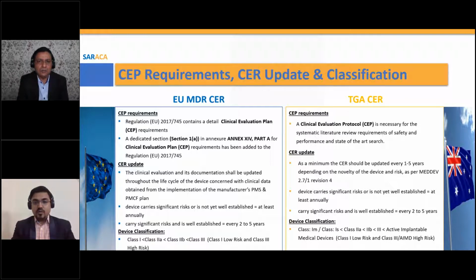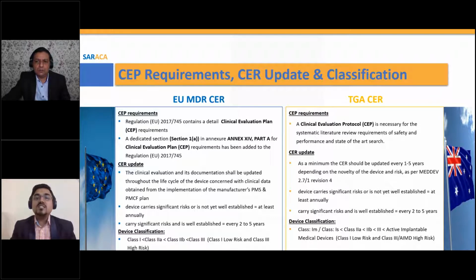Then I came into device classification. So device classification for TGA, there is a very slight difference. In TGA, it divides class 1 into two categories, class 1M and class 1S. Whatever devices have a measuring function, if there is a function used for measurement, then it comes into the class 1M category.